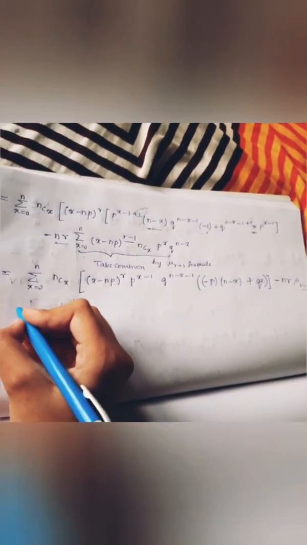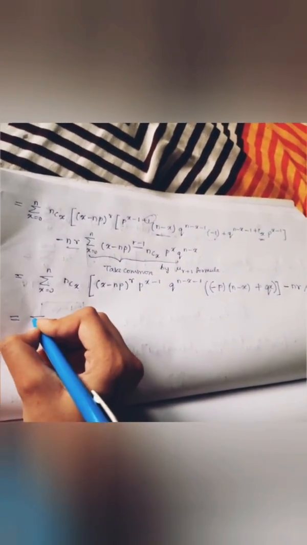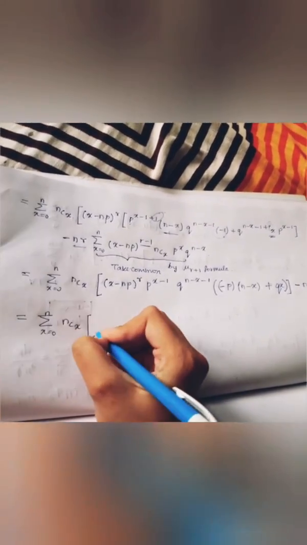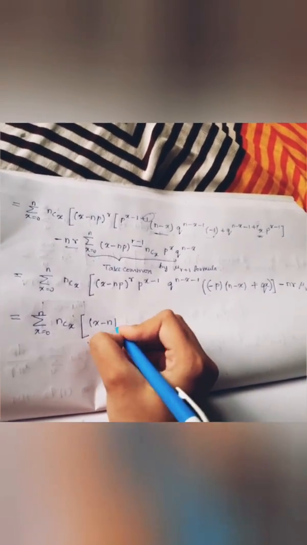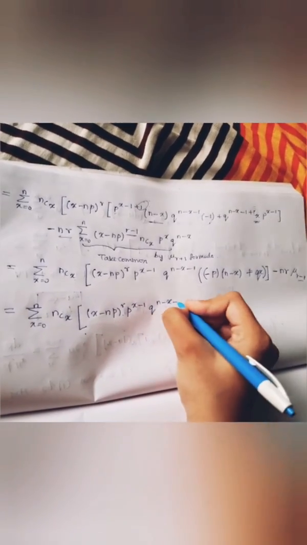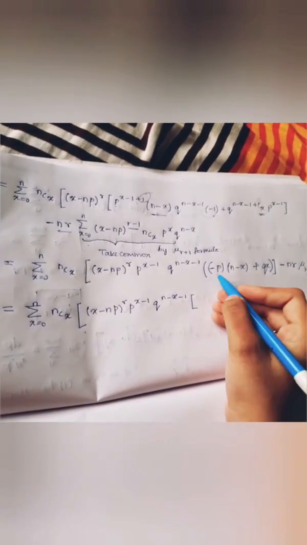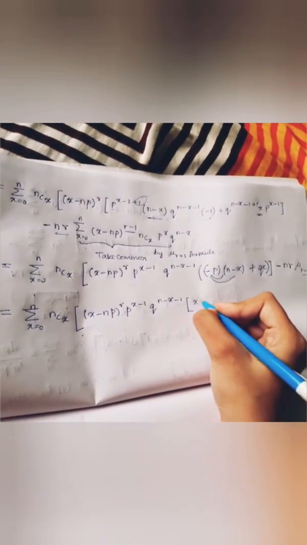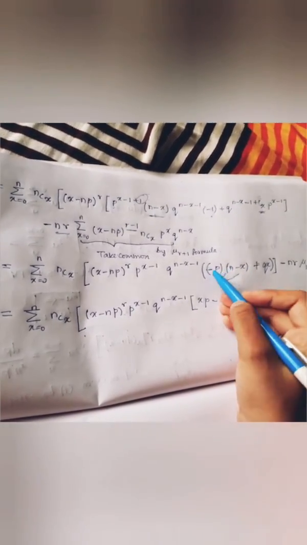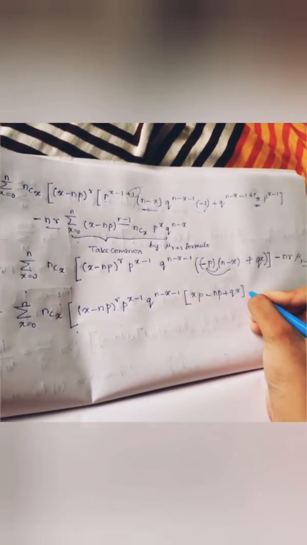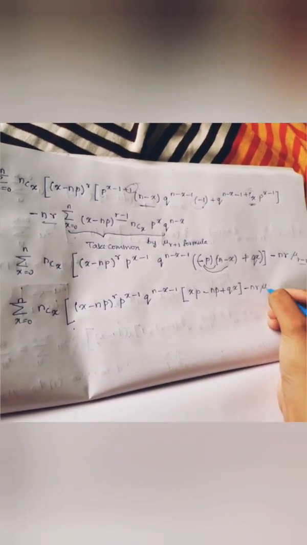In the next step we are multiplying that minus p into n minus x. First we are multiplying minus p and minus x, so that it becomes xp, then minus np, then there is a qx, then minus n into r mu r minus 1.